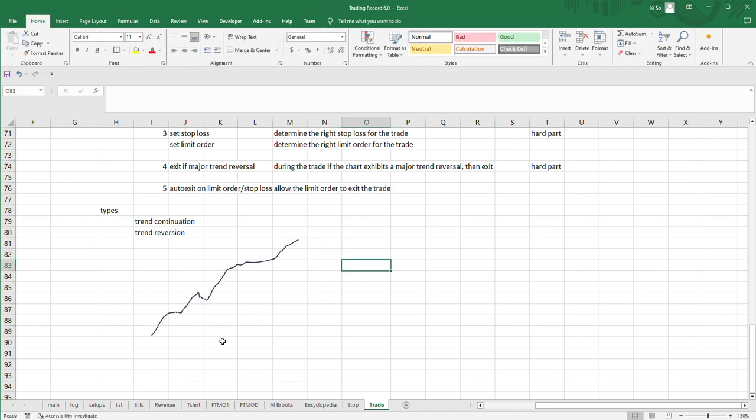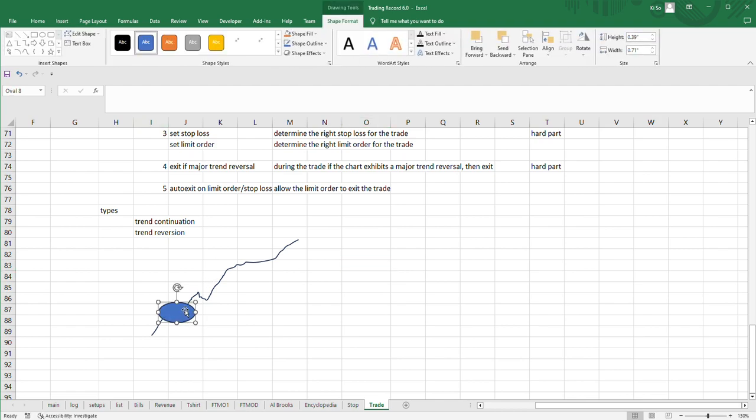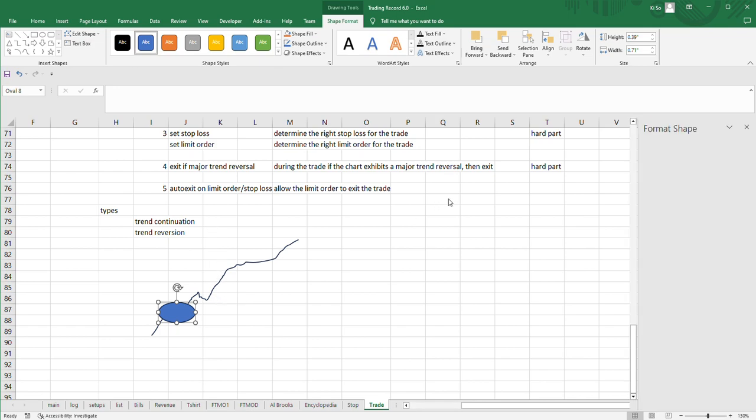So if I look at this range of a trend continuation, and I draw a little area here, so if I look at this area and format shape, okay, now I'm not going to fill it up. No fill.